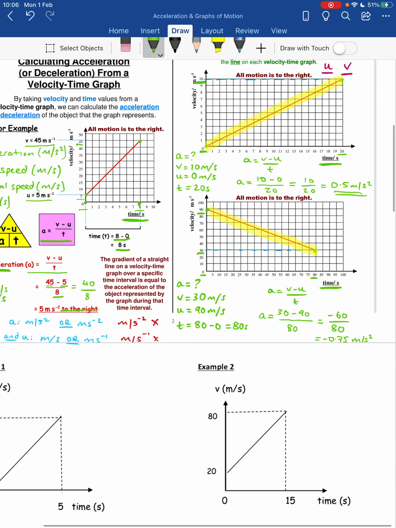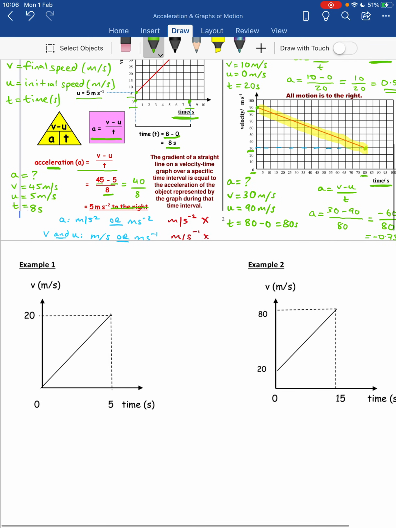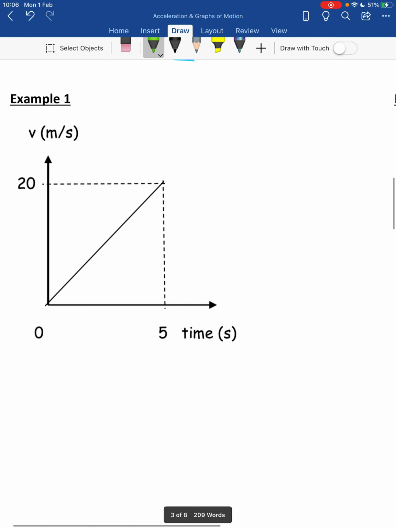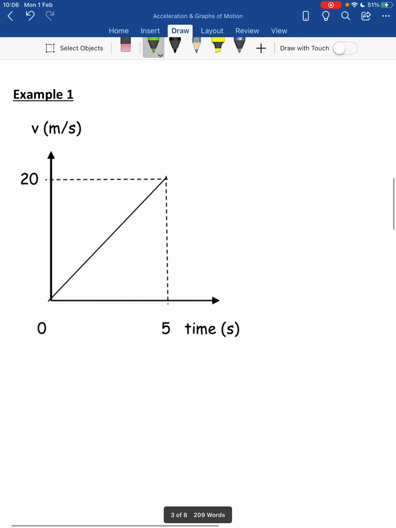After page 2, there's another 2 examples on page 3 which I'm going to go through just now, and then you'll be able to do the rest of the problems on the other pages. So same process again. For this one, put down the list on the left. Acceleration is what I'm trying to find.